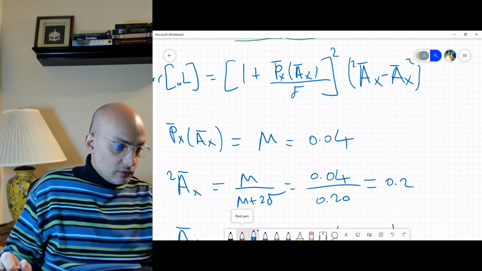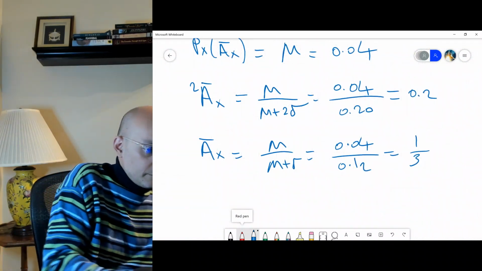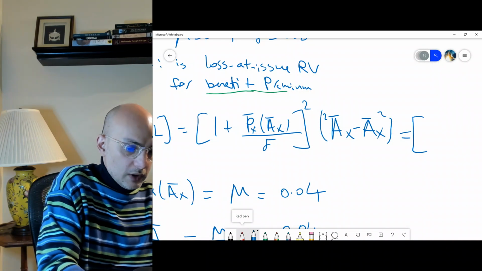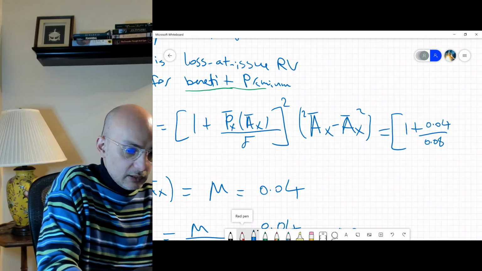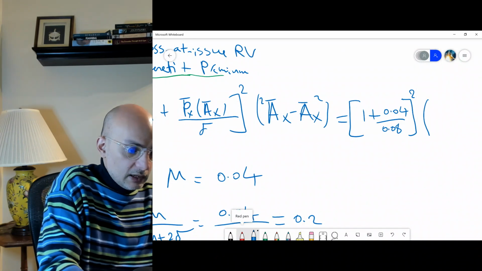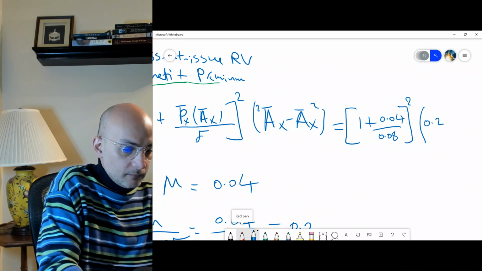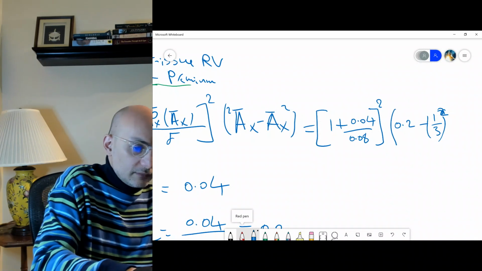So now, simple. If you do this one, it is simple. So variance of L, go back here. Now 1 plus 0.4 divided by 0.8, it's given to us in the question. We raise it to 2. Now multiplied by 2A x, I think I said 0.2, minus 1 over 3 squared. Sorry.